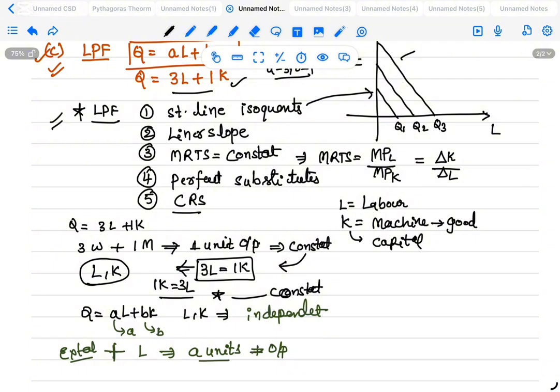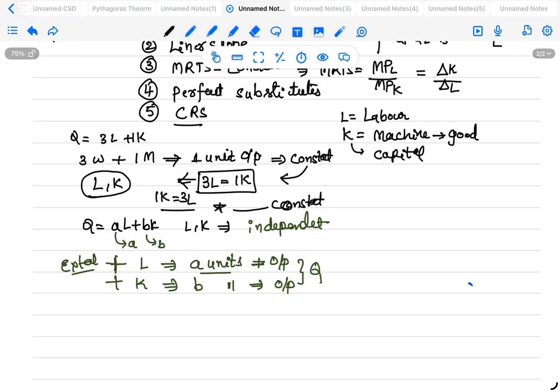If we add an extra unit of capital, it adds B units to output. So if we take dou Q by dou L, it equals A, and dou Q by dou K equals B.